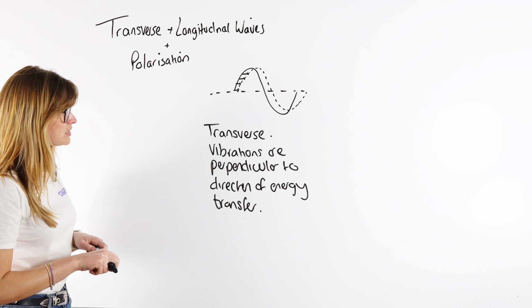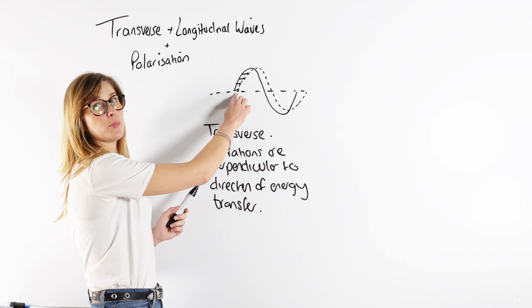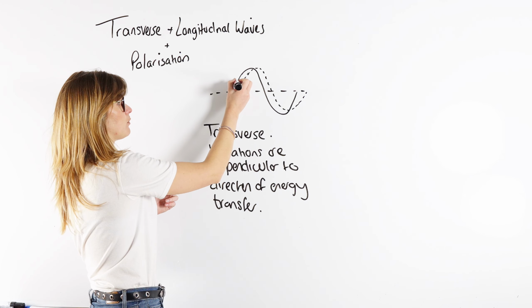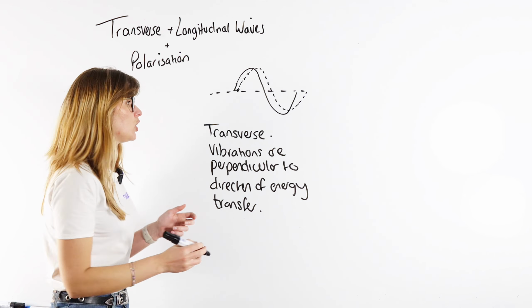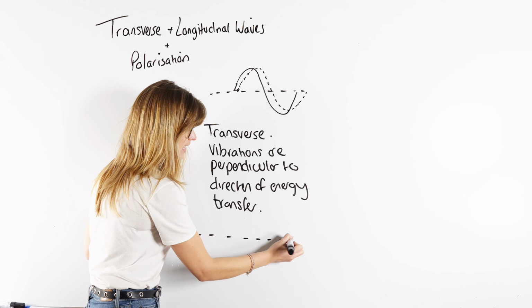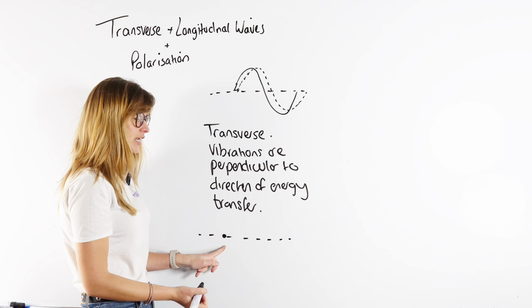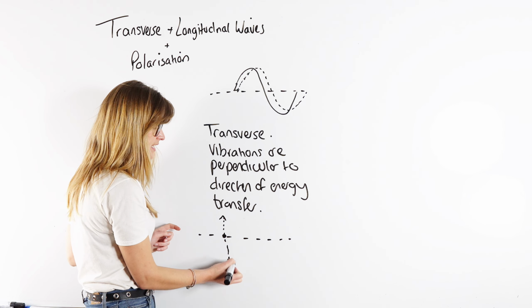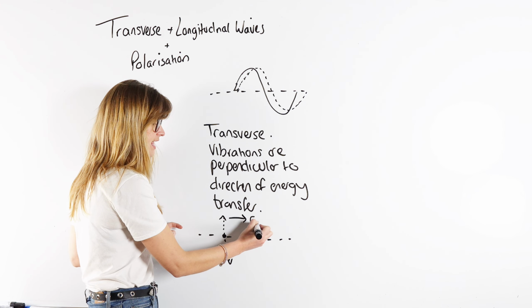Okay, so again, the wave at one point in time is that black line. So the black line is my wave to begin with. And again, we know that the particles, so let's say I have an air particle right here, all it's going to do is oscillate or vibrate perpendicular to the direction that the energy is moving.